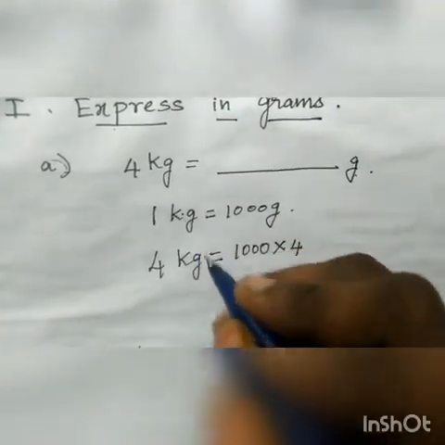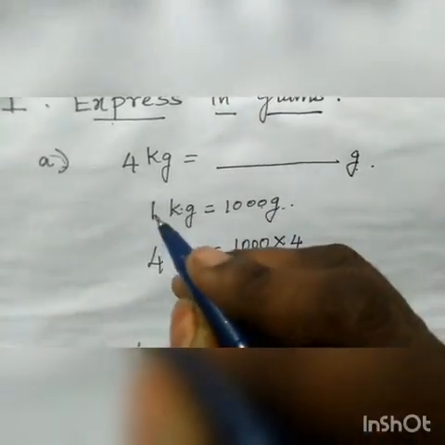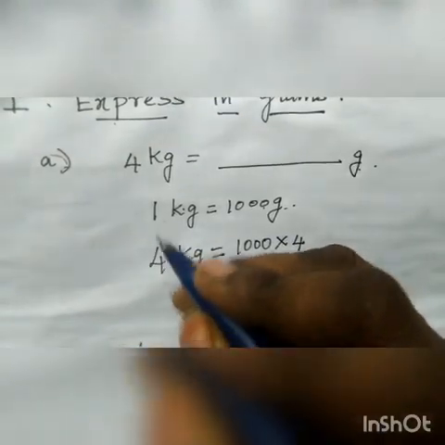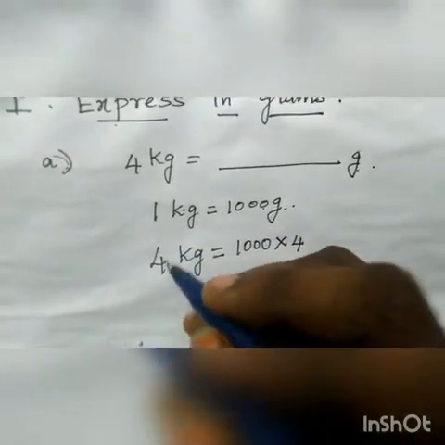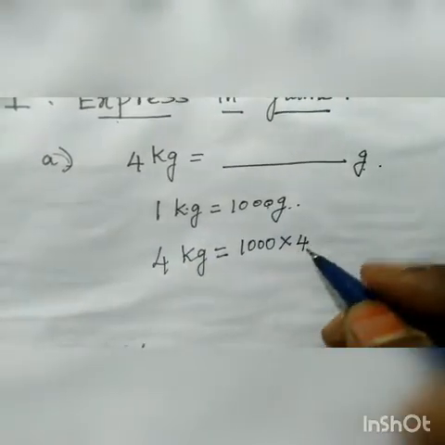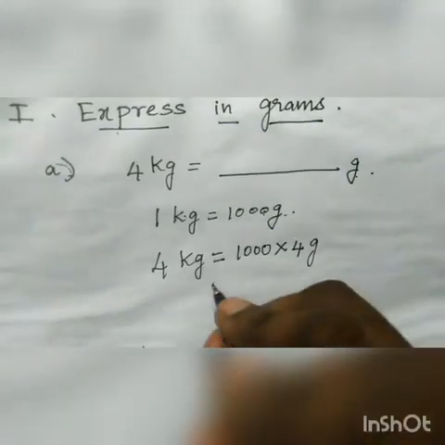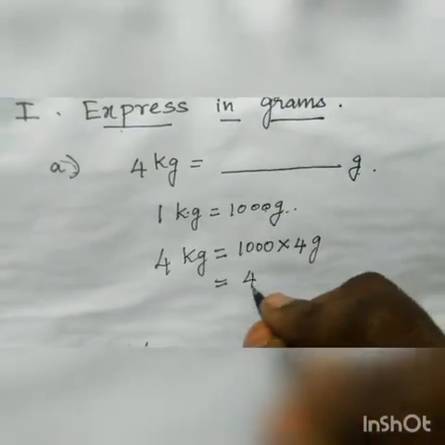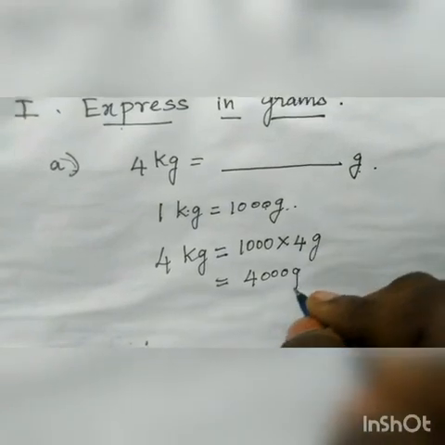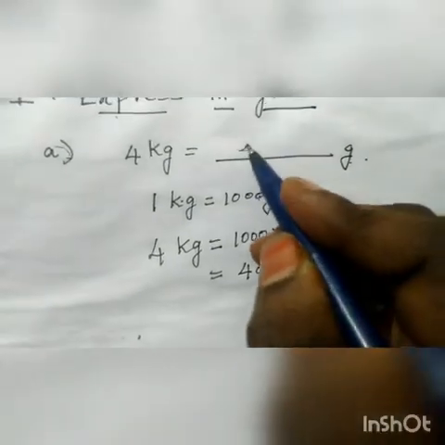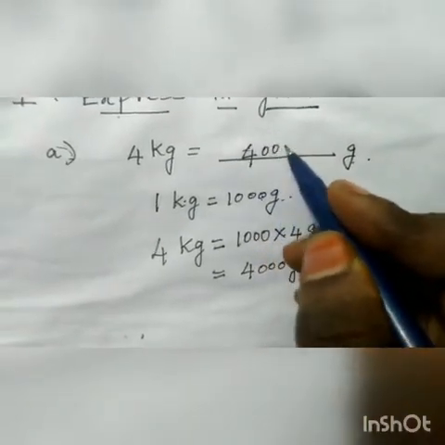If 1 kg is equal to 1000 gram, then 1 into 4 gives 4, and similarly we have to multiply 1000 with 4. So what will we get? 1000 into 4 is 4000. So 4 kg is equal to 4000 gram.